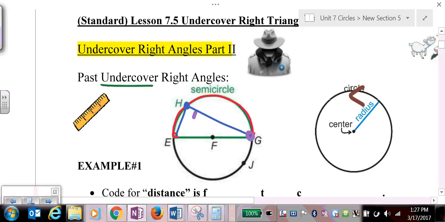This was the first way. Take a look: we learned if you inscribe in a half circle, automatically that makes a right angle.